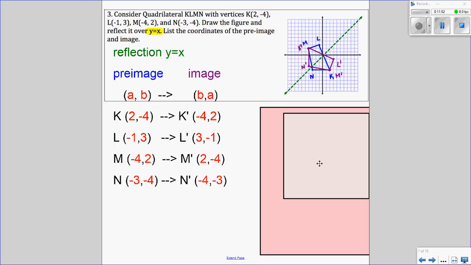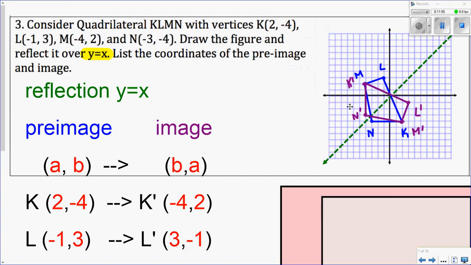Based on our graph, that's our line, y equals x. We have the pre-image in blue, and then our new points for the image, based on the reflection over y equals x, and we have that purple one. So again, if you memorize what happens when you're reflecting over the x-axis, the y-axis, and y equals x, then it'll be easy for you to plot your points.